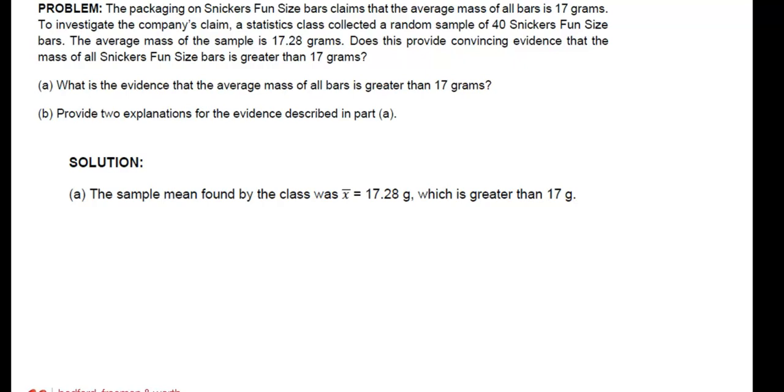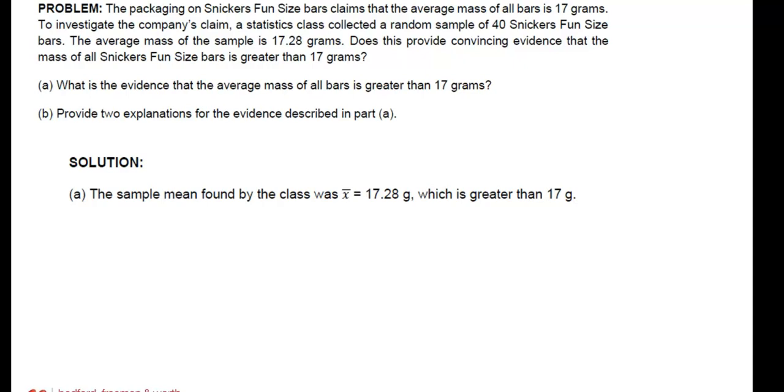Provide 2 explanations for the evidence described in Part A. So maybe this is just the result of sampling variability, right? There's going to be some variability. If I chose a different sample of 40, maybe you get a different result there. So it could just be chalked up to that. Maybe this company really is packing more than 17 grams into every candy bar there.